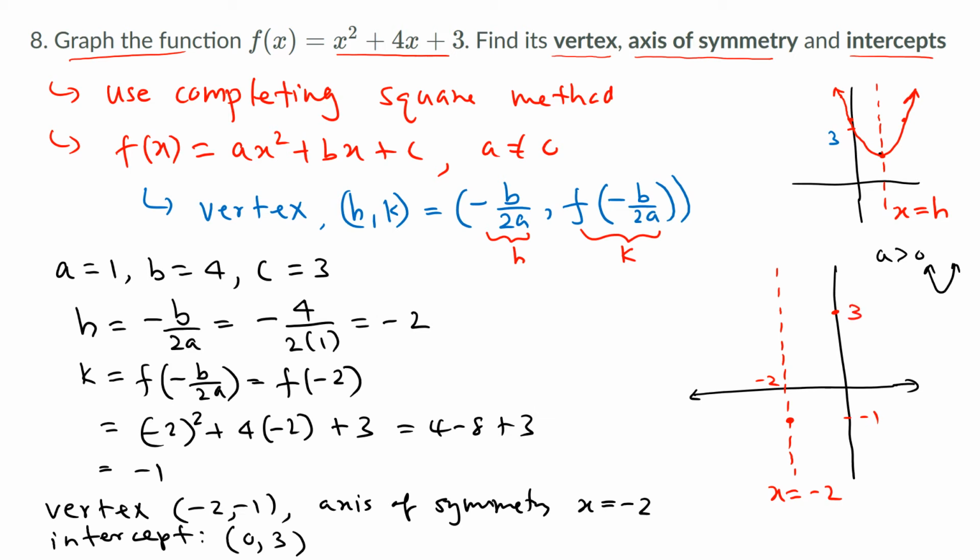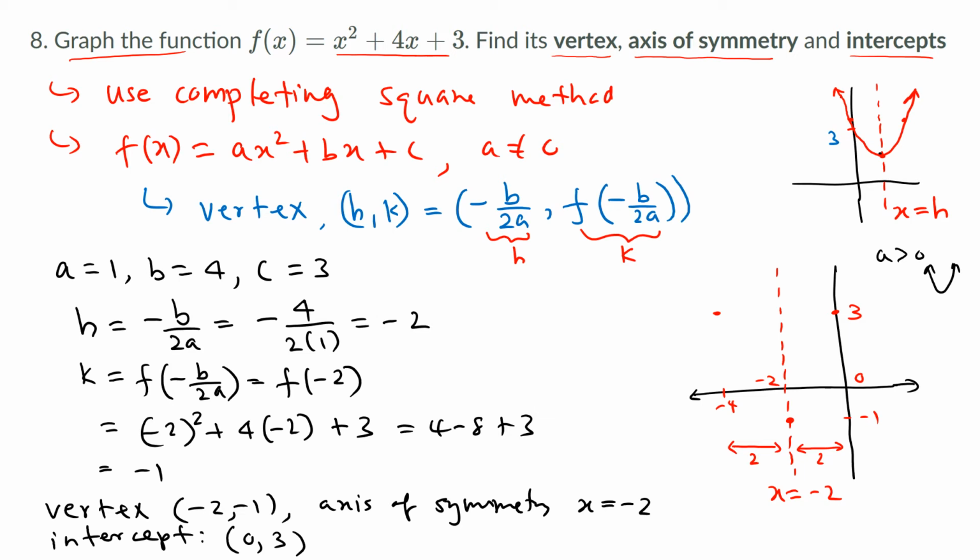That means you have to have 3 again exactly on the other side. This is negative 2, so at negative 4 you also should have a 3 there, because it's the axis of symmetry. The graph must be symmetric about the axis. Because the distance from the axis is 2 on this side, it also has to be 2 on the other side. That's why it's negative 4.